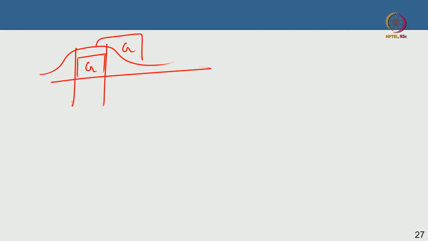Below the primary gate your threshold voltage is, suppose, minus 3 volt, and below the secondary gate the threshold voltage is, suppose, minus 10 volt. But both of the gates are metallically shorted. So whatever voltage I apply, suppose I apply a voltage of minus 3 volt.